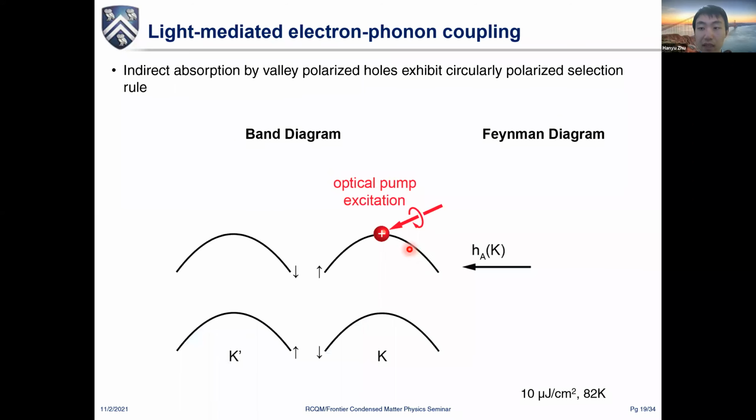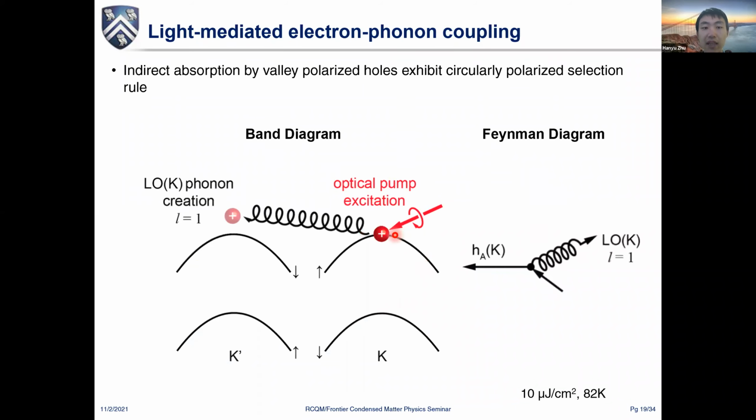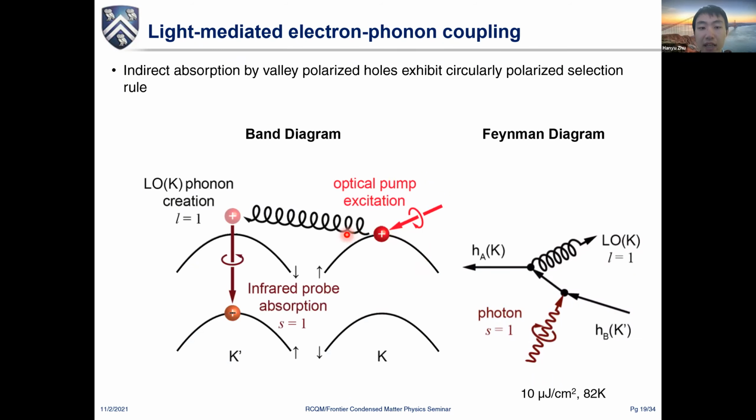So the process that we choose is to start with a polarized hole, which scatters with a phonon, and then we use an additional photon to pump energy such that the hole makes an inter-valley scattering and lands in a different energy level.